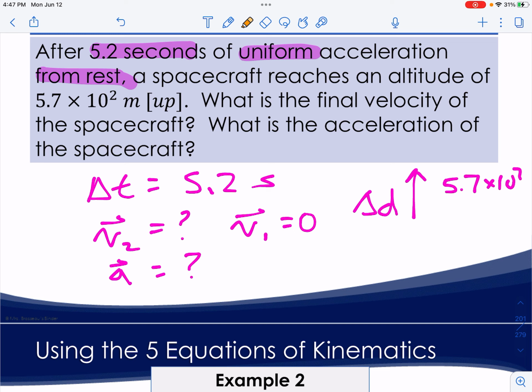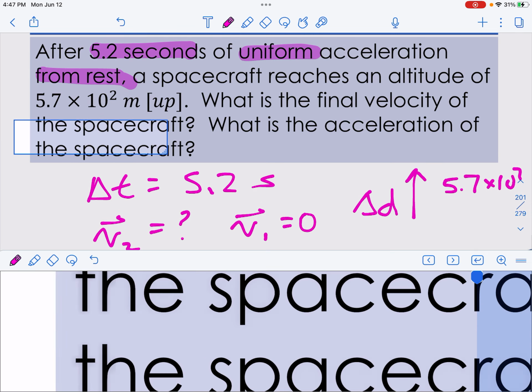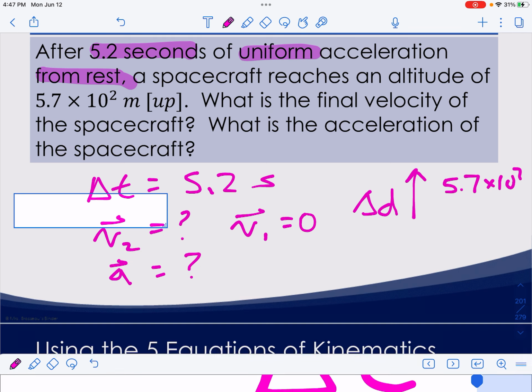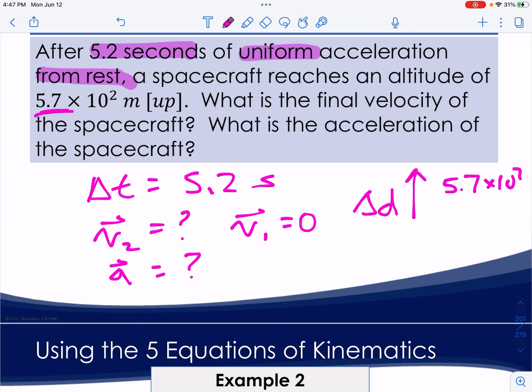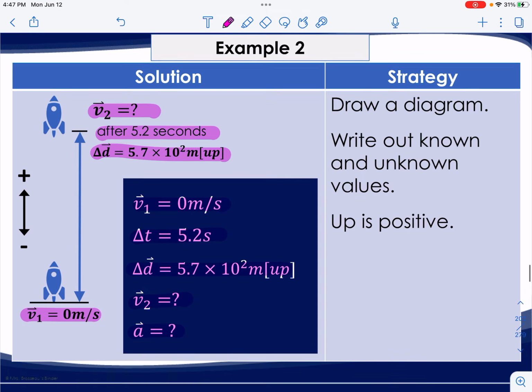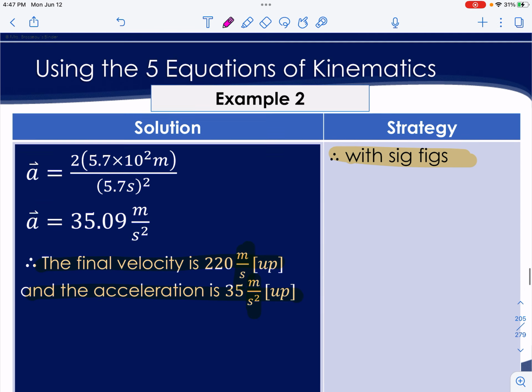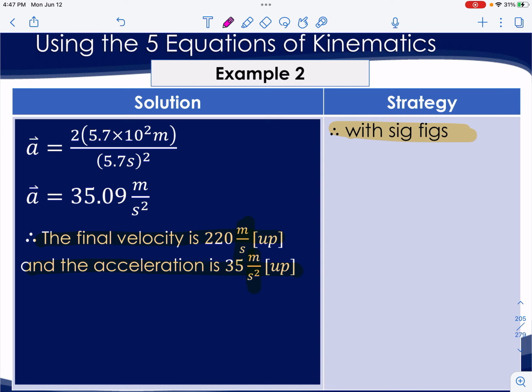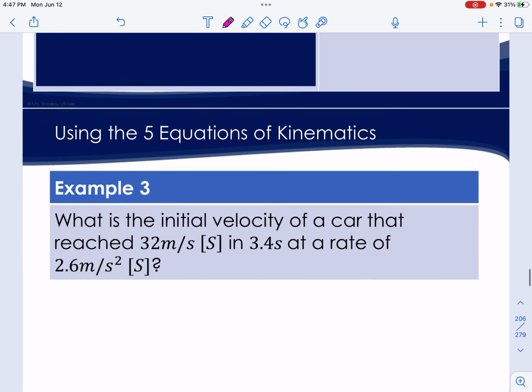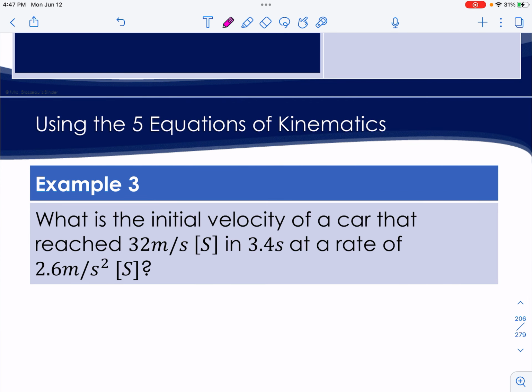Here you have 5.2 seconds, and a displacement of 5.7 times 10 to the 2, which is 570. So if you have an altitude of 570, having an acceleration with too many decimal places, like 35.09032, you don't need that level of precision. We don't know the answer that precisely.